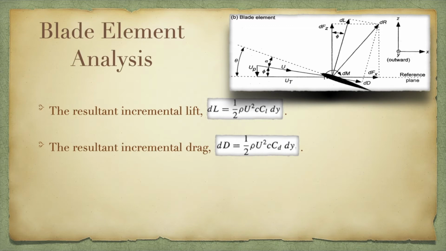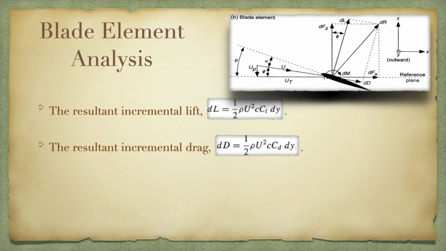The lift and drag act perpendicular and parallel to the resultant flow velocity respectively. And you can notice that the lowercase c here is the local blade chord.